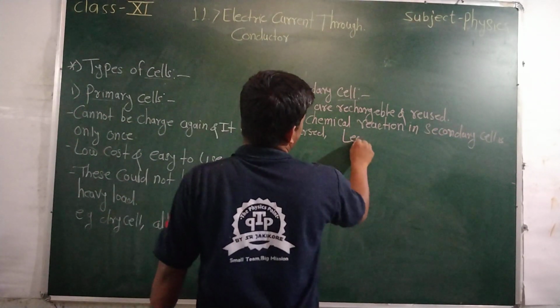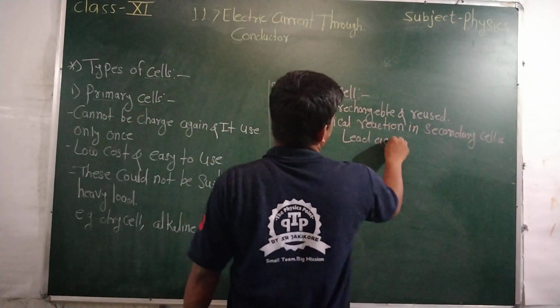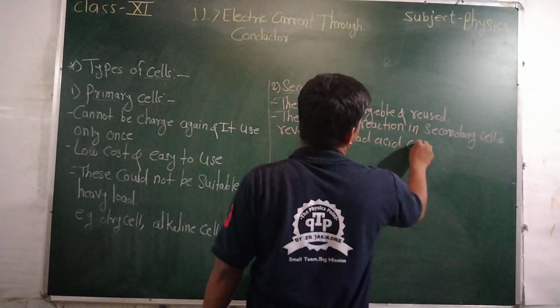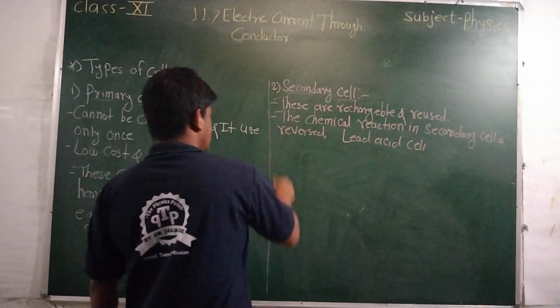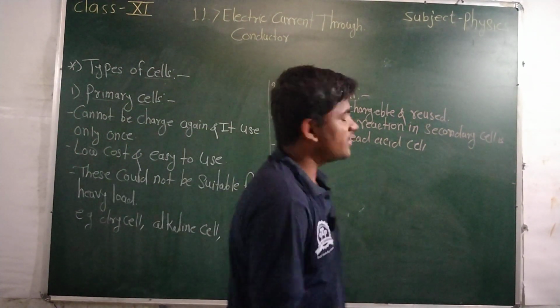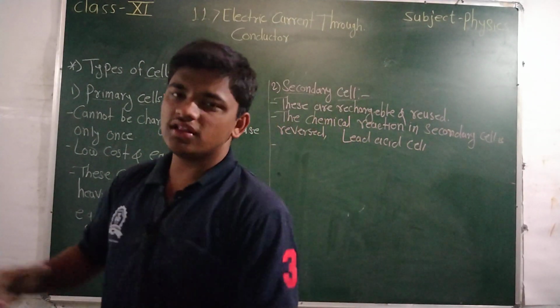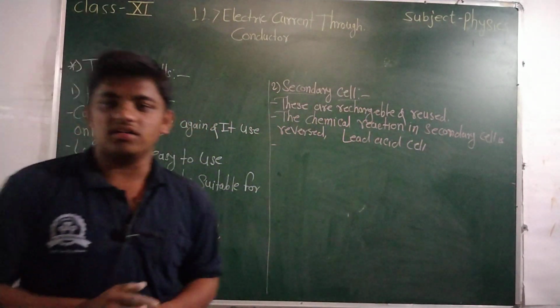The lead acid cell is one of the best examples of secondary cells, and it is useful in vehicles.